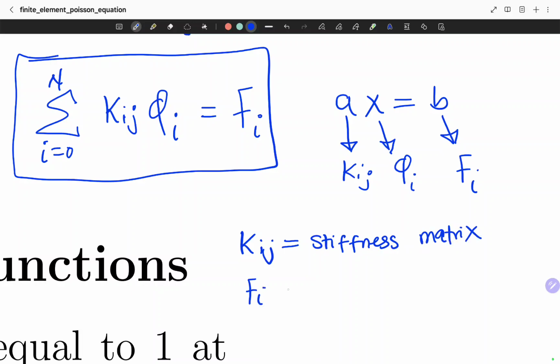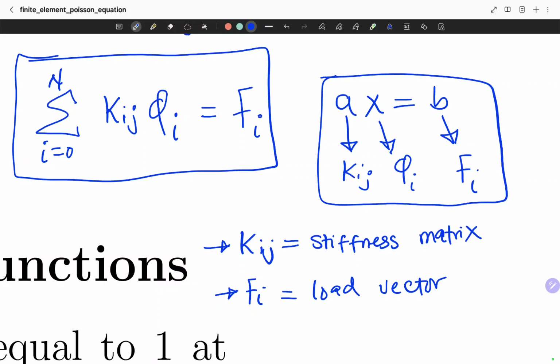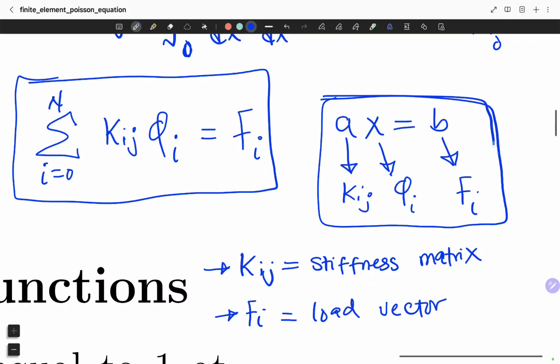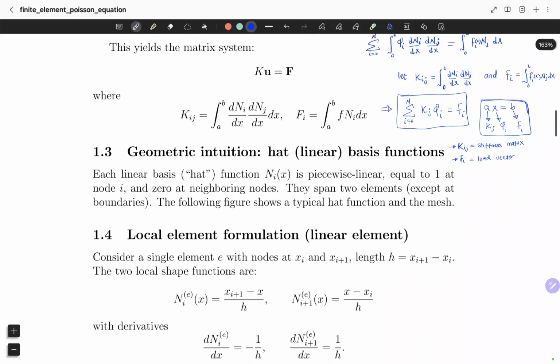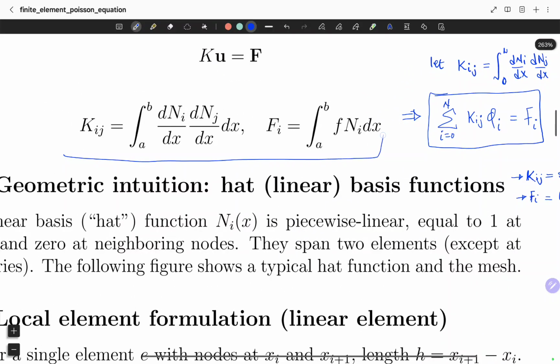And Fi is called the load vector. In implementation, usually you want to generate this matrix and this matrix for any problem and solve the matrix equation like this. So any problem you have, you want to have it look like this, then you create this matrix and this matrix and then solve it. And that's what we have here.